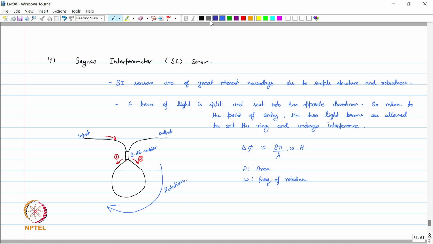This phase difference, delta phi, is a function of omega, or how fast the assembly is being rotated.